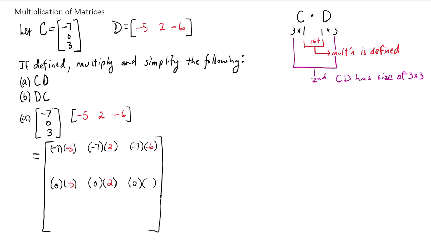For the 2, 3 entry, we need the second row of matrix C and the third column of matrix D. In this case, it's going to be 0 times negative 6.